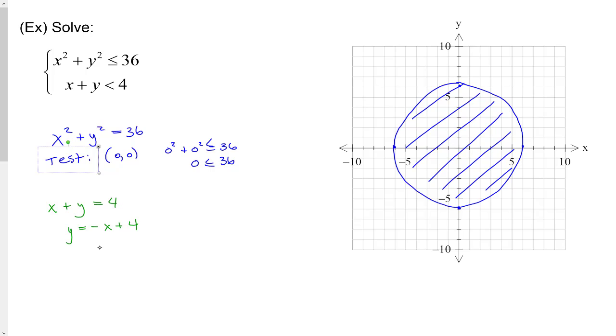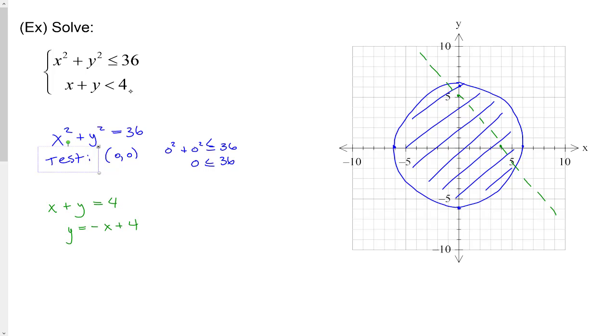So if I just move that x term over, y equals negative x plus 4. Now, I am going to make sure I use the dashed line because this is less than 4. There's positive 4 on my axis. There's positive 4 there. And so I have a slope of negative 1, so going along right through here. That is my line for x plus y is less than 4.